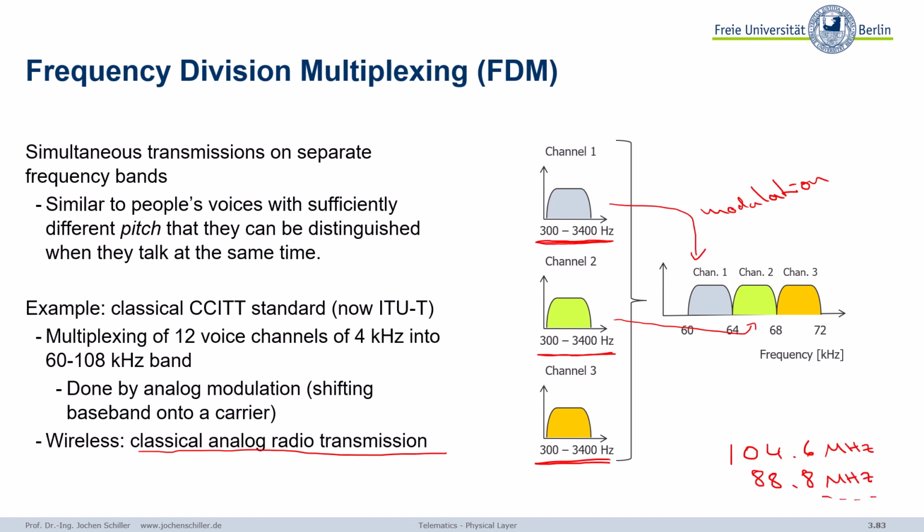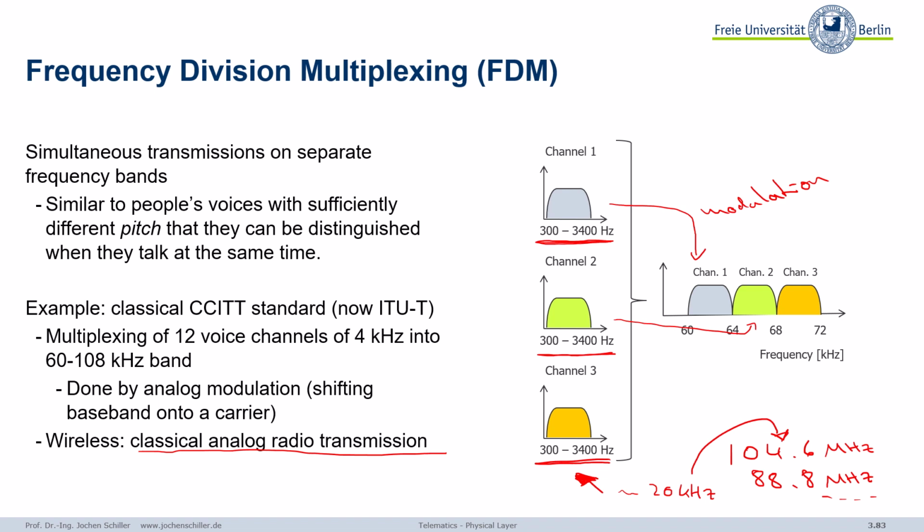And this separates different radio stations, because all the radio stations, when they create their signal, basically use the same frequencies. So someone speaks, there's music. So this is always something up to, let's say, 20 kilohertz. And then we have to perform the modulation to shift those signals up to the carrier. That's the idea. So frequency division multiplexing.